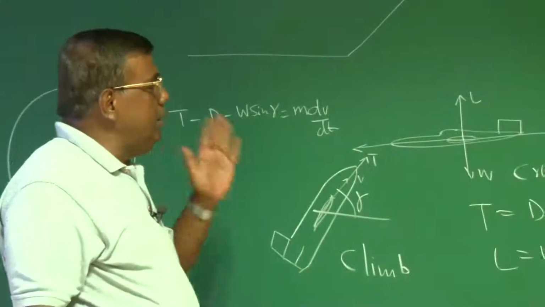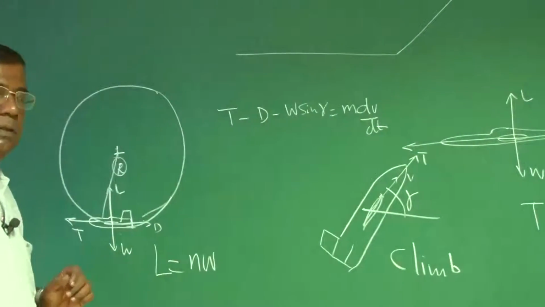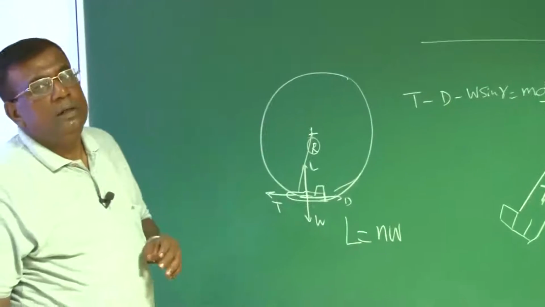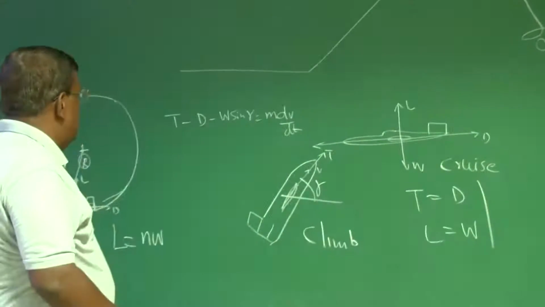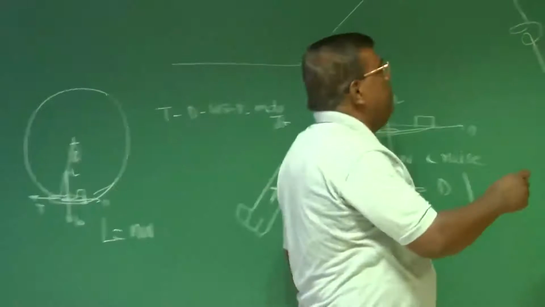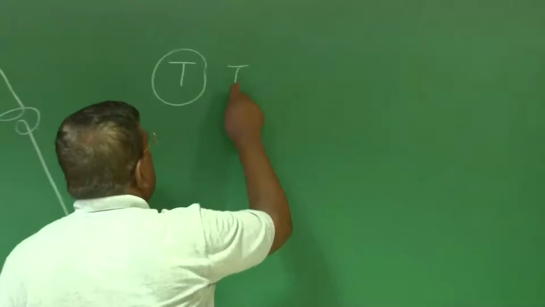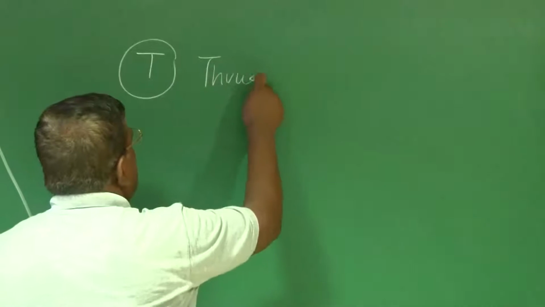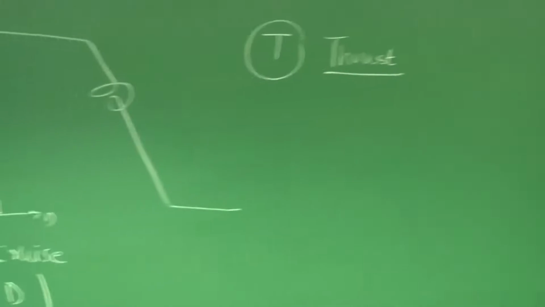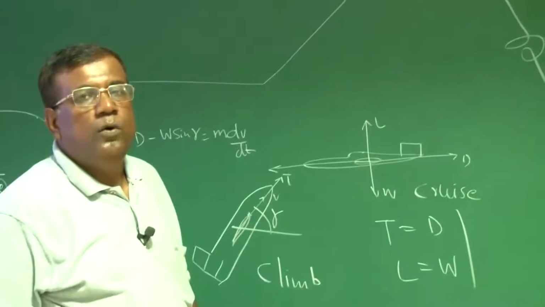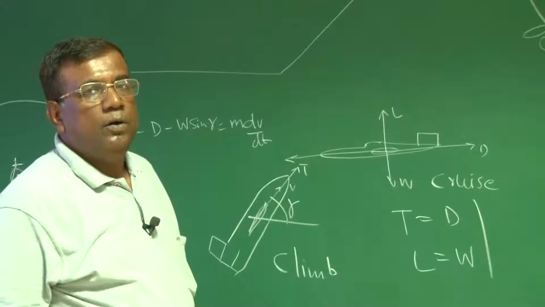These are the primary maneuvers based on which we will be actually configuring our airplane. In this diagram you could see the thrust plays an important role. So as a designer, I need to ask the question, how much thrust do I require for a particular airplane?